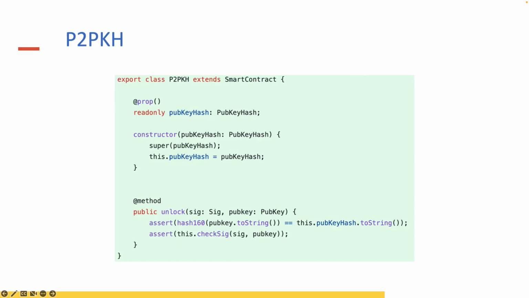In order to unlock this kind of contract, you have to provide two arguments. One is the public key itself. The second is the signature, right? Then the smart contract will check two things. First, does the public key hash to the address denoted here?